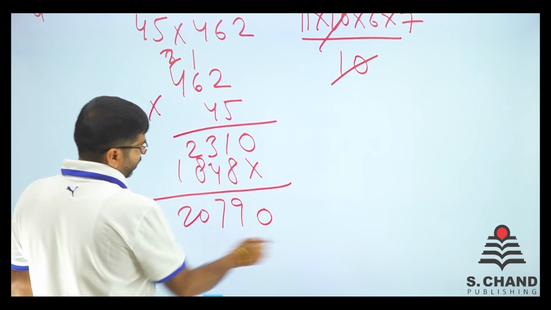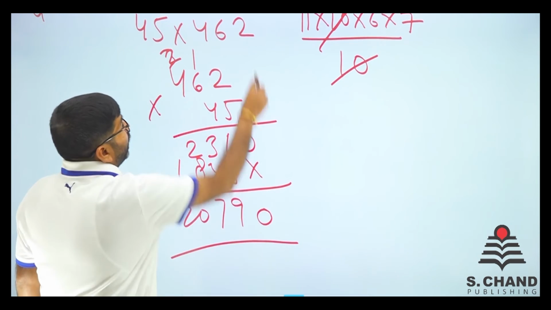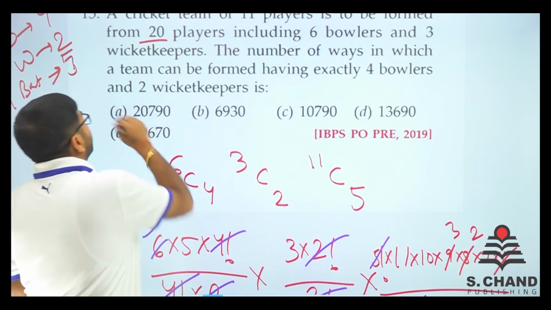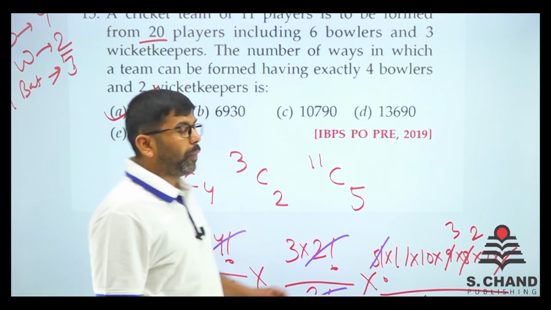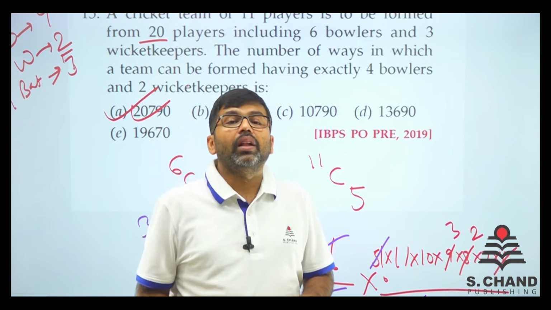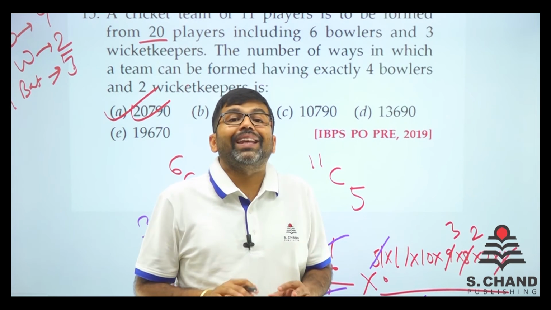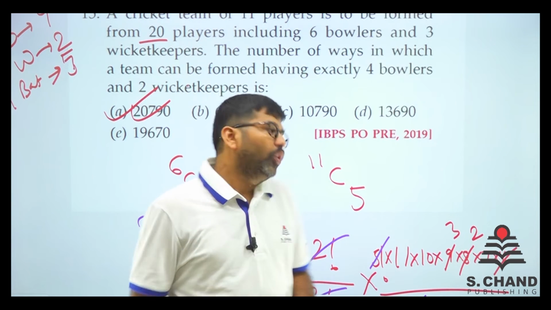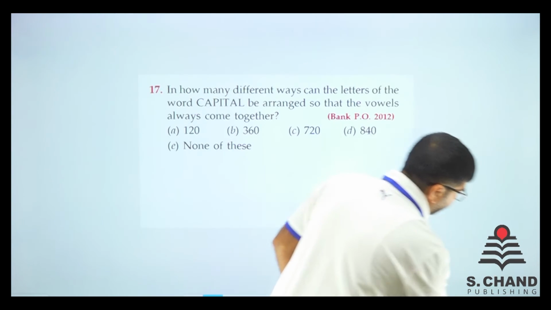So 20790. Is there any option like 20790? Yes, there is. So do a simple calculation, do simplification and you are there. Just do calculation very easily. These type of questions come in exam. That is it. We move on to next question.